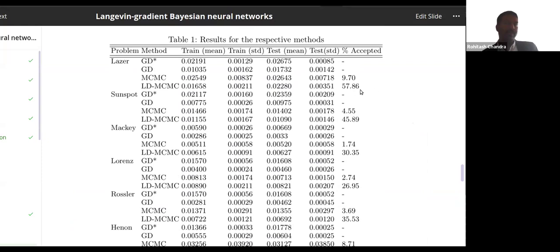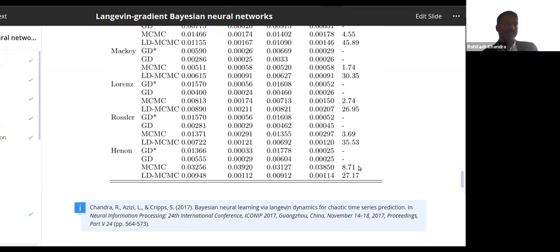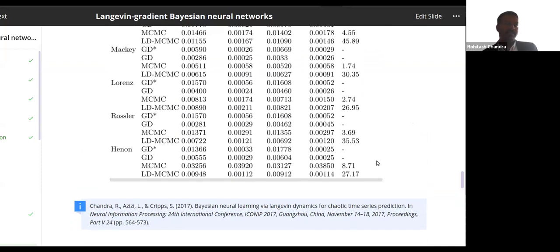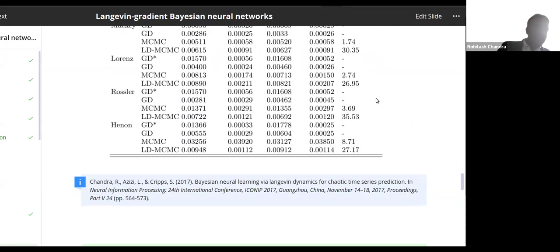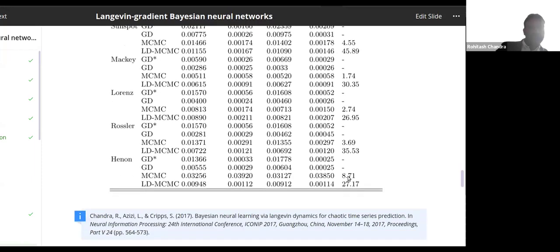And it gets more accepted samples, whereas the MCMC has a very small number of accepted samples, and around 25 to 30% is a healthy accepted sample rate. So we see that this was not. So these numbers of accepted samples and all these RMSE values, this all comes with really difficult hyperparameter tuning.